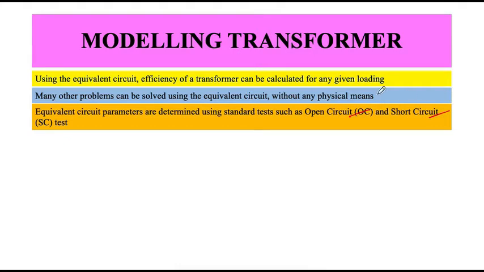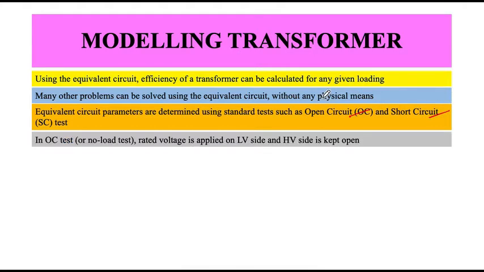In the open circuit test, I will supply rated voltage on the low voltage side, and the high voltage side is kept open. Most of the current consumed would just be across R naught and X naught, and based on the measurement of power and current, you could estimate R naught and X naught.